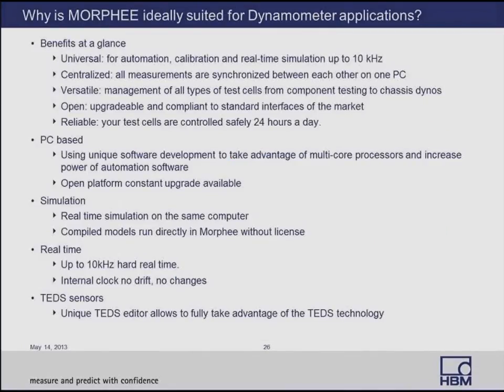Now we will see a few benefits of Morphee used in a dyno application. We've seen that Morphee is a real-time system that can run up to 10 kHz. It's a centralized system, which means it's running on one computer. It's only one PC, it's Windows-based, and we guarantee the real-time on a Windows platform using RTX software.